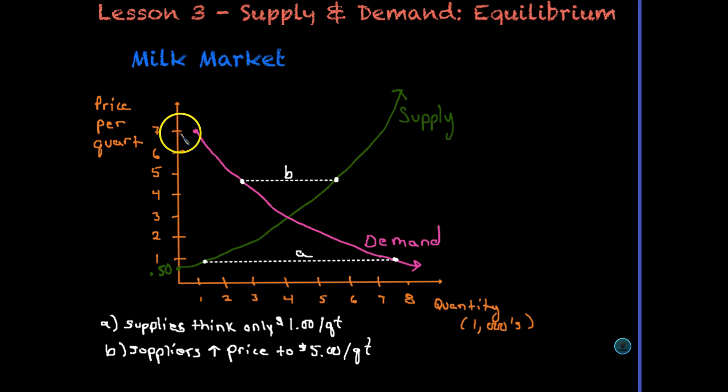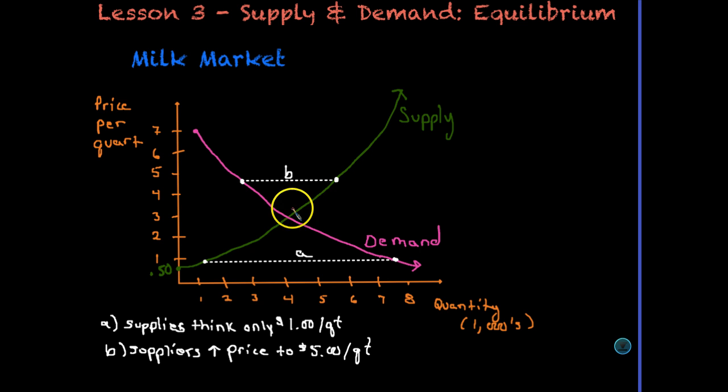So when the price is high, the market is not willing to buy so much quantity. But notice that as we drop the price down this pink line, our demand curve, the quantity increases, meaning that people are going to start to buy more quantity the lower the price. They get excited and they want more.